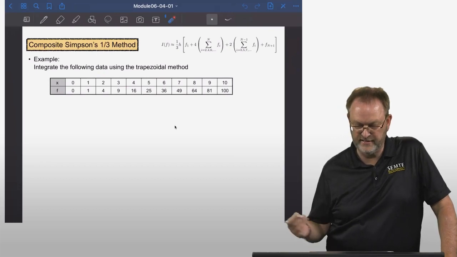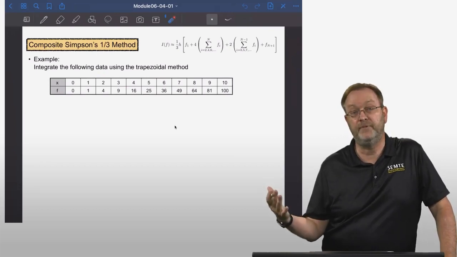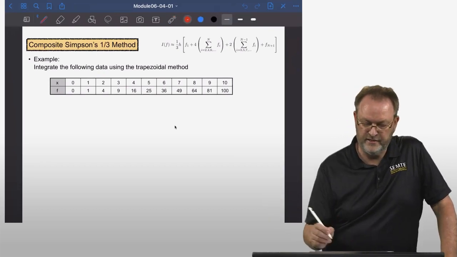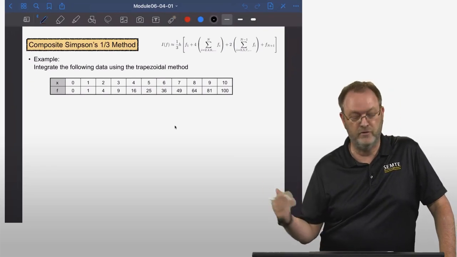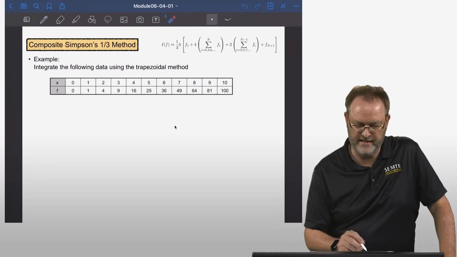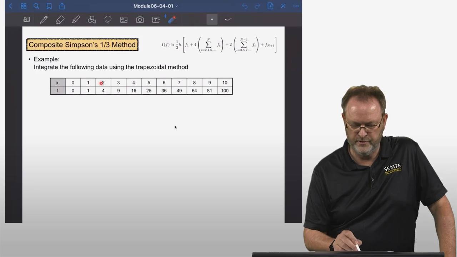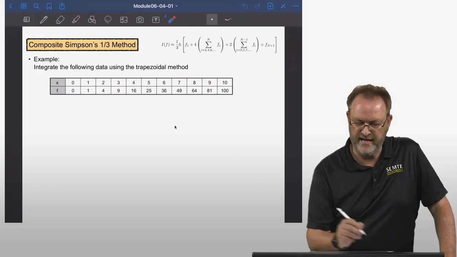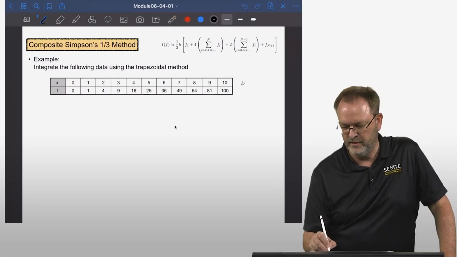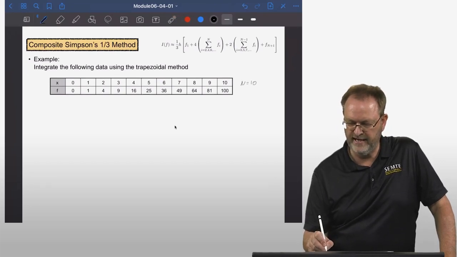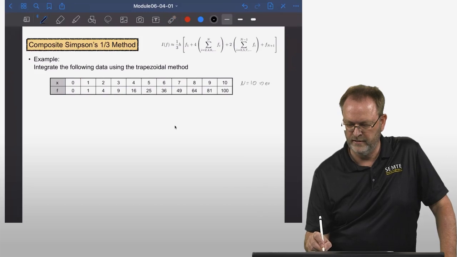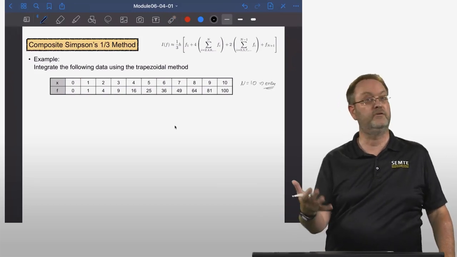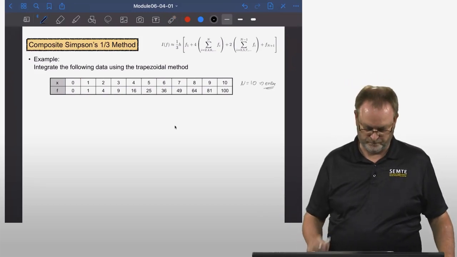So first off, we should figure out how many subintervals we have, to determine whether we have an even or an odd number. So let's just count this: 1, 2, 3, 4, 5, 6, 7, 8, 9, 10. There are 10 subintervals, so our n is equal to 10. Therefore we have an even number, so we can directly apply this formula.